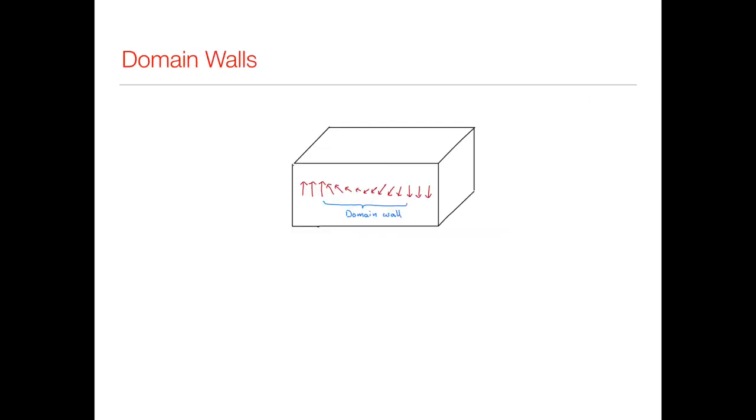So there are various ways in which we can produce a transition between domains. We're going from a situation in which all the spins are parallel to each other in one domain, and then we need to go into the next domain and all the spins are parallel over here. There are various ways of doing that. What I'm showing here is the so-called block domain wall.